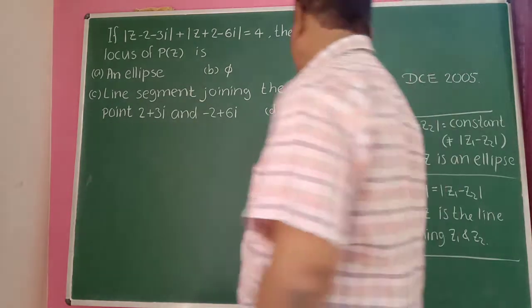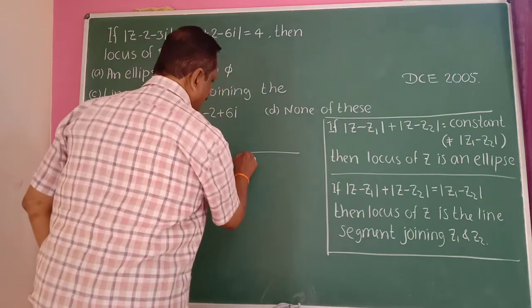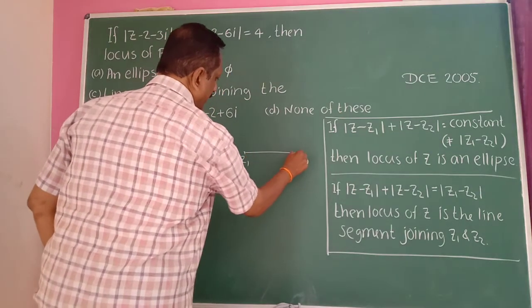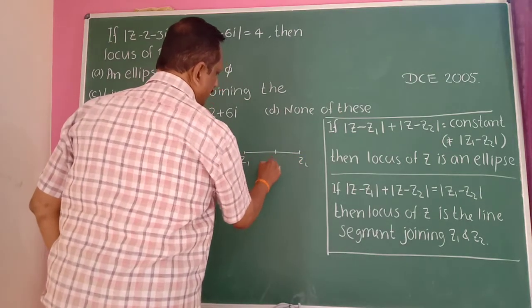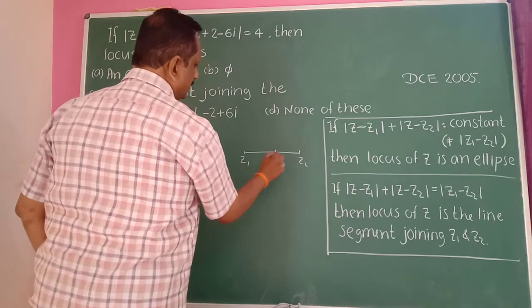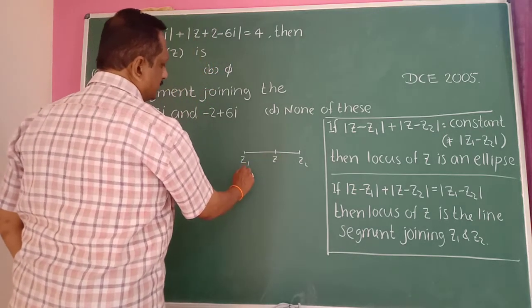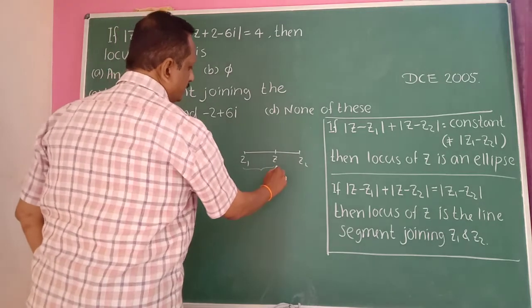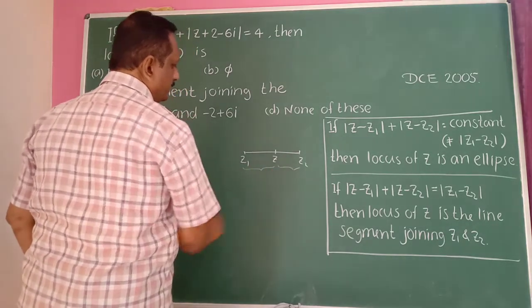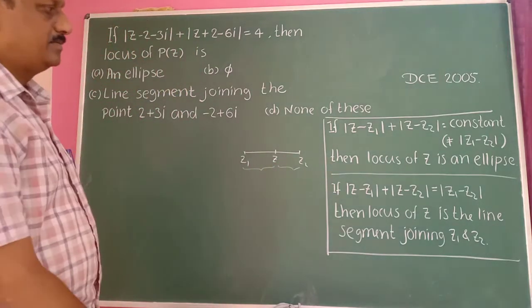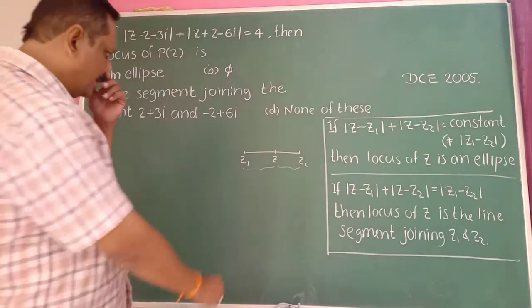It is just like this. Here is z1, and this is z2, and here is the point z. So z minus z1 means this distance, z minus z2 means this distance, and the sum equals modulus of z1 minus z2, which is this distance.